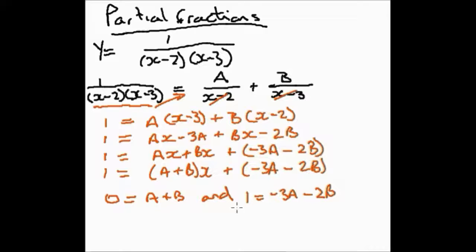What I've done is equated terms. I said the x coefficient on the left hand side equals 0, so there's my 0, and the constant coefficient 1 on that side equates to my minus 3A minus 2B.